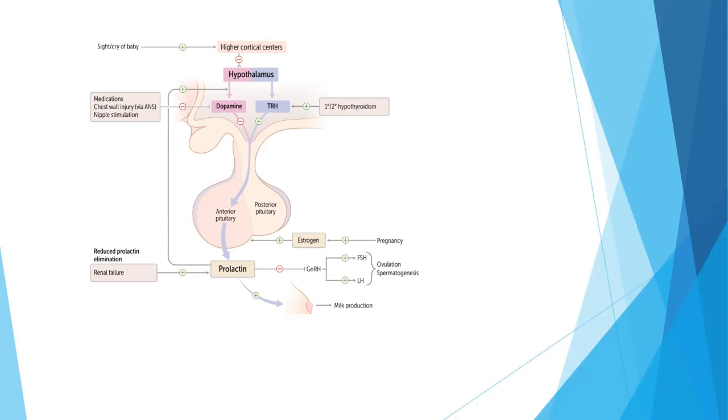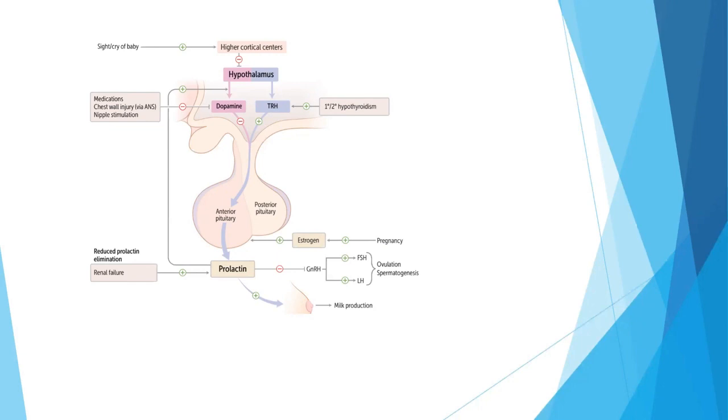You know that. When the dopamine inhibits the anterior pituitary, prolactin is not secreted. But when there is stimulation in the higher cortical centers, the hypothalamus is inhibited. When the hypothalamus is inhibited, dopamine is not secreted. When the dopamine is not secreted, that will not inhibit the prolactin production.